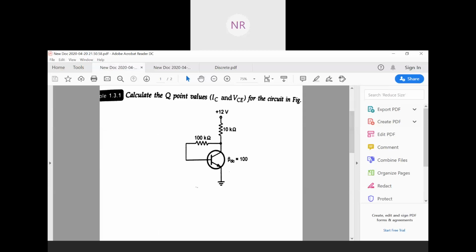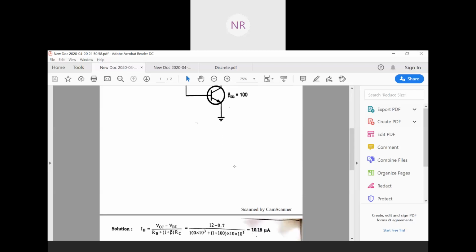So IC is nearly equal to IE. IE we know the formula, and VCE we can easily calculate. RB value is given, RC value is given, beta is given as 100. For this we need to calculate ICQ and VCE.